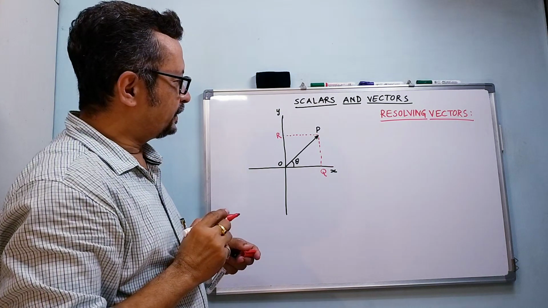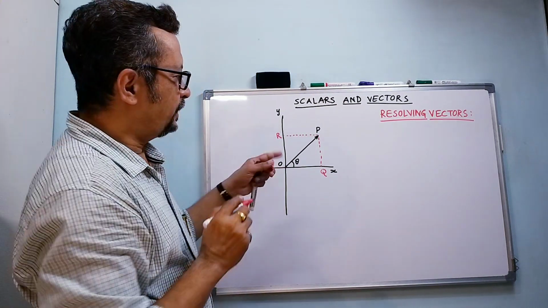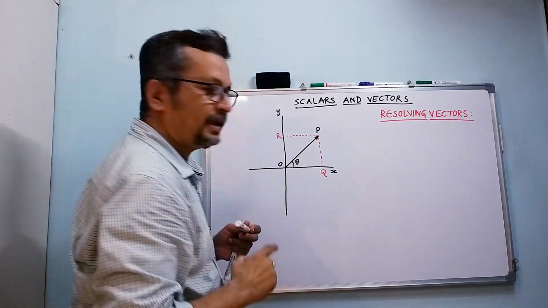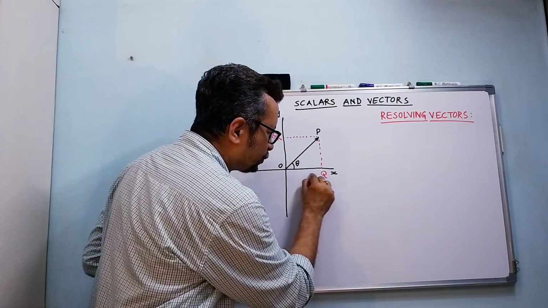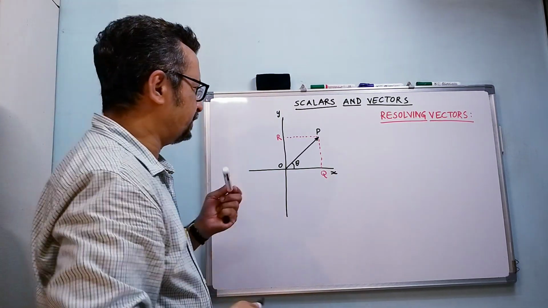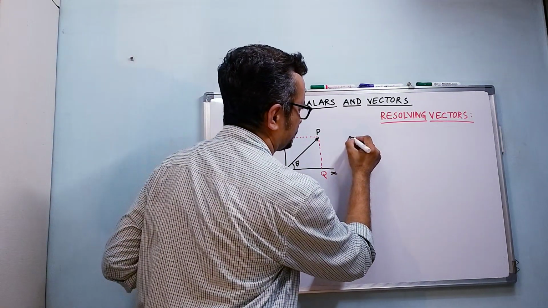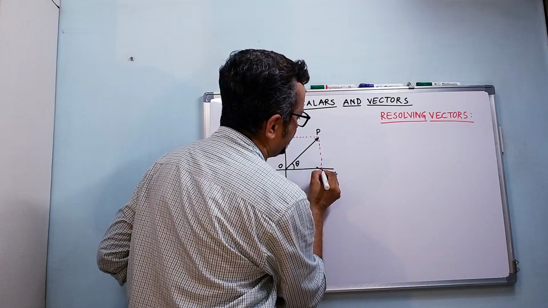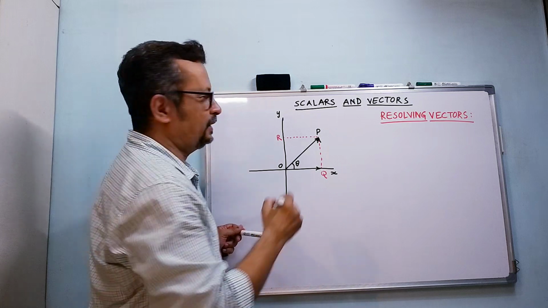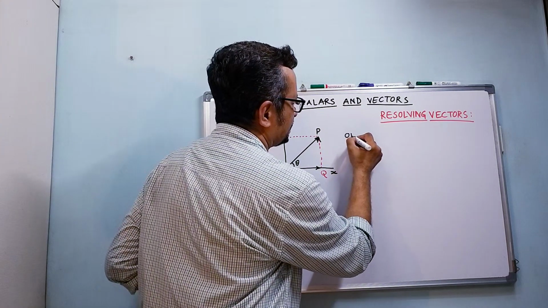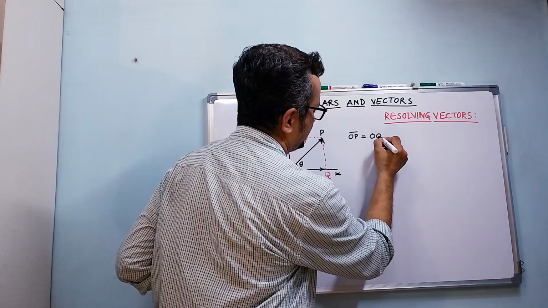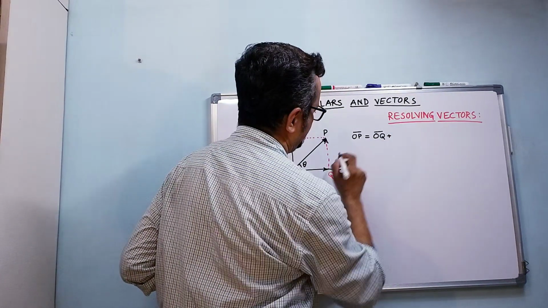So now I can express this OP bar as OQ bar plus QP bar. I'll write it down here. Suppose I draw this vector here and this vector here. OP bar is equal to OQ bar plus QP bar.